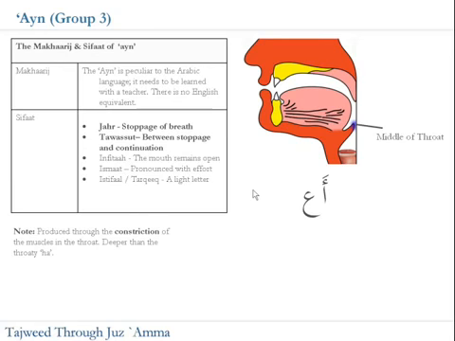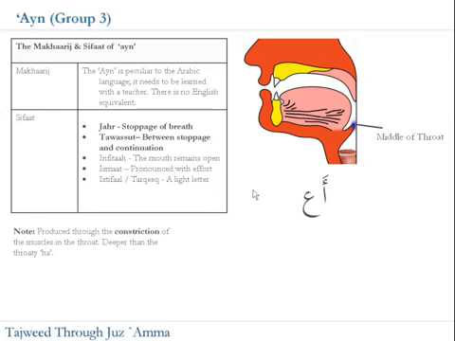Then we have what's known as the ayn. Now this is peculiar to the Arabic, and it has to be learned with the teacher, and it's produced by again squeezing the muscles in the throat, but the sound that comes out is a bit further back than the throaty ha.